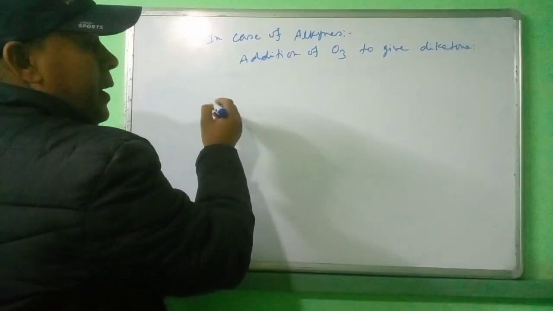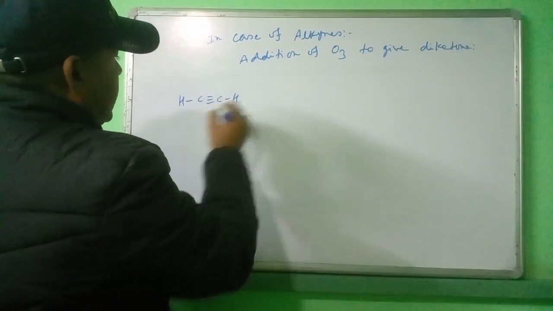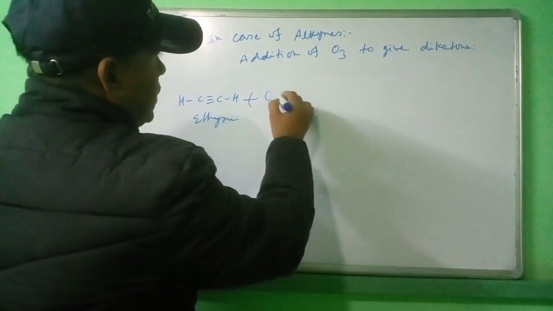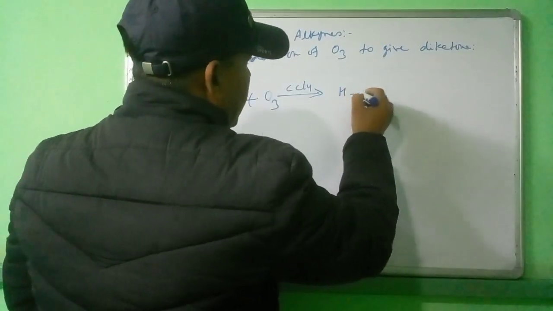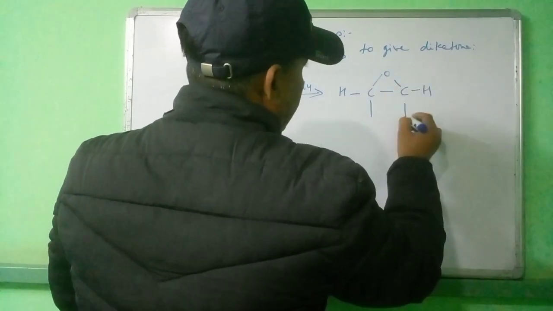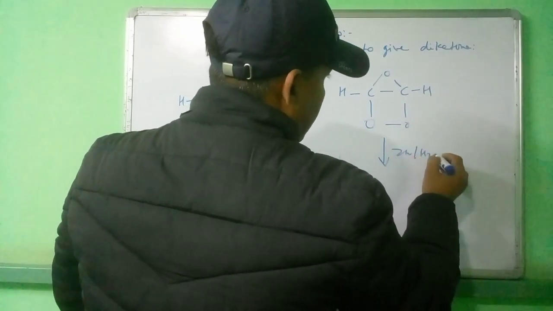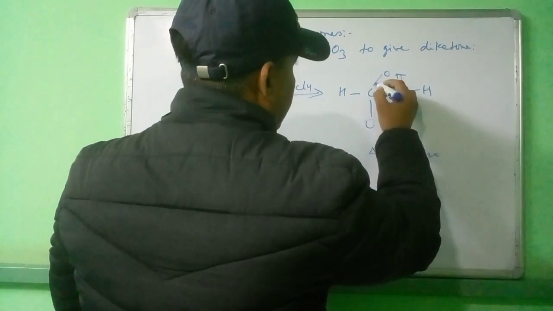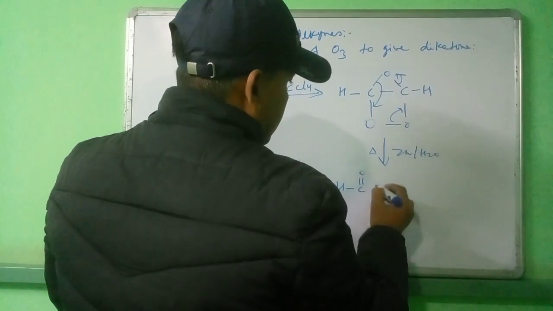Okay, now an alkyne like ethyne, C triple bond H, ethyne, then ozone, CCl4 giving the ozonide CH. On heating, Zn metal and water, the product is the diketone.